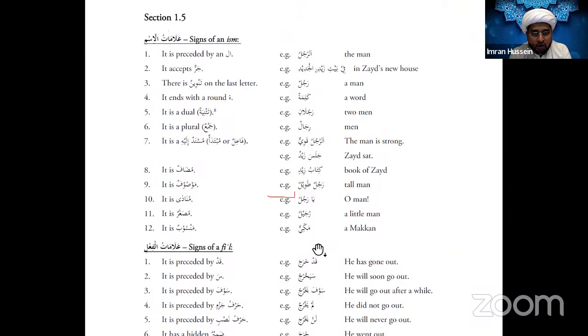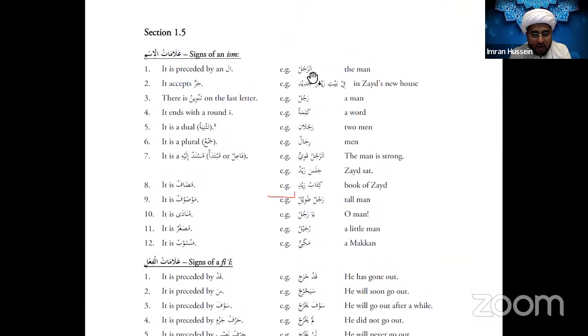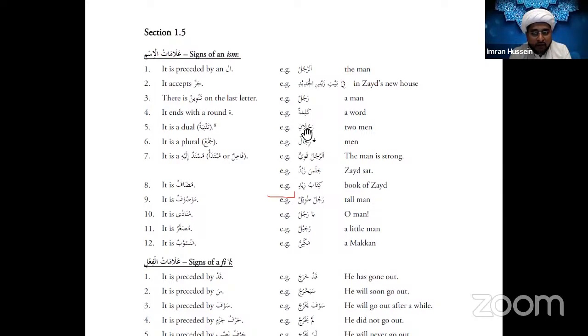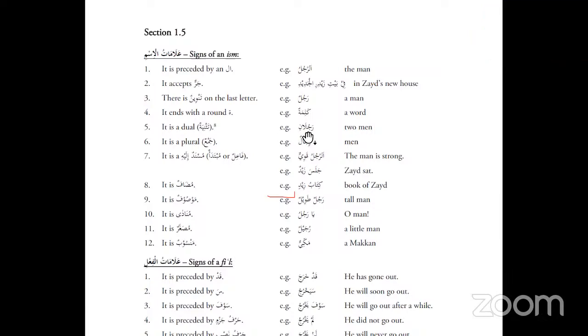And then also try to look at words where there is alif lam, or tanween, or ta marbuta, or rajul with alif noon at the end, or something which is plural as well, jama. Ta marbuta and what? Ta marbuta and rajulan, alif and noon with a kasra. Alif and noon. Okay, rajulan.